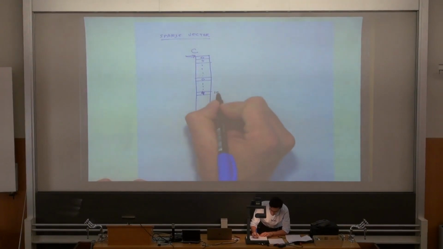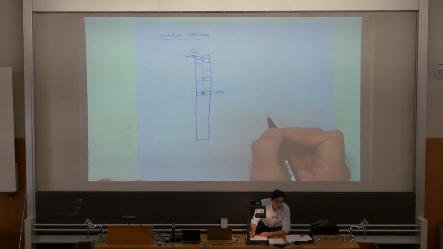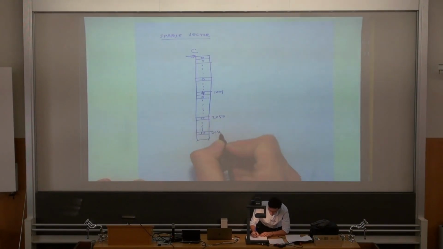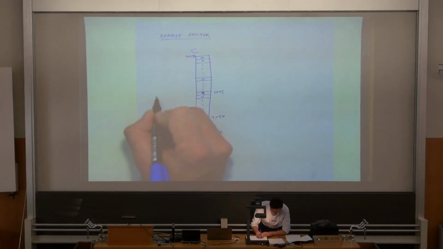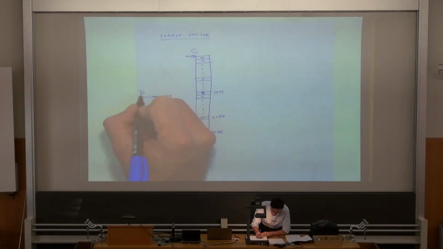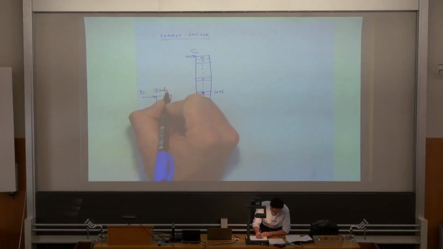And maybe we have our first element different to 0 here in address 1001, and then the next one is in address 2050, and then the next one is here, for example, in address 3072. So in order to access these elements in memory, we will use this array D, this kind of index array.